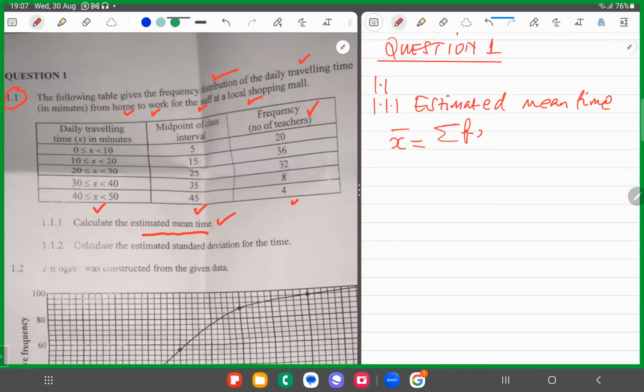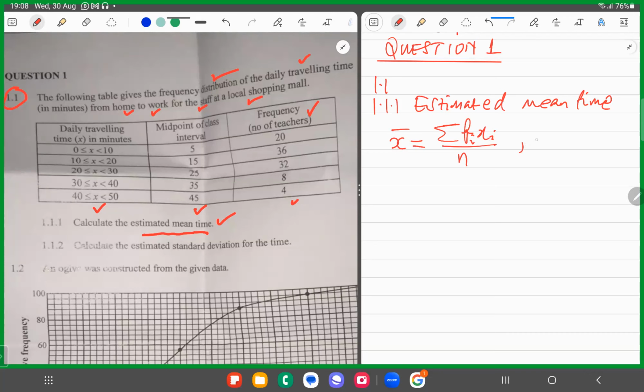It is the sum of fx divided by n. So you can say the sum of fi xi divided by n.